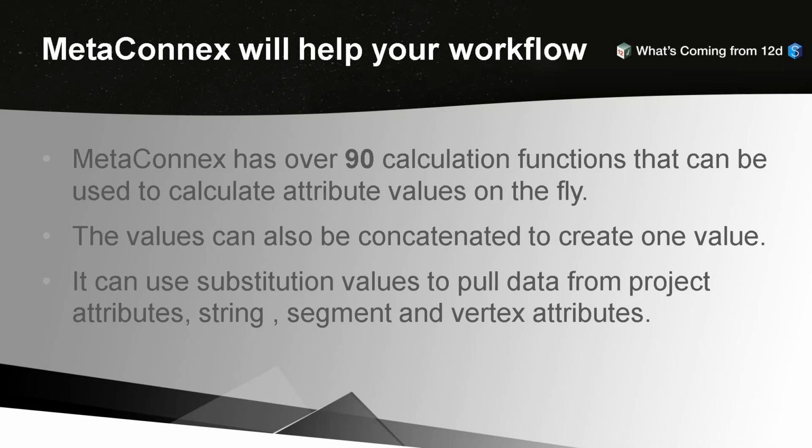Your surveyor may have captured vertex attributes that you want to pull from a certain vertex and put onto a string attribute. So similar to what we are capable of in the attribute manipulator, that functionality is also available inside MetaConnex.